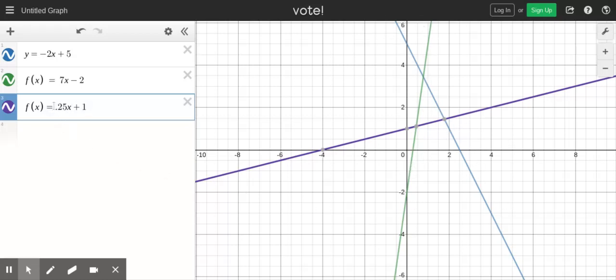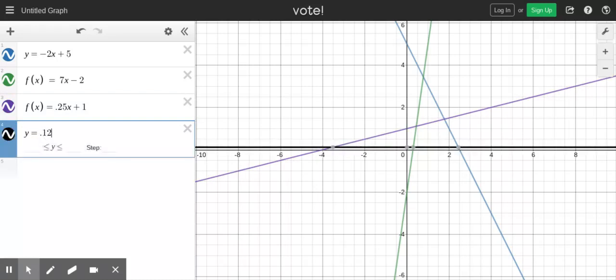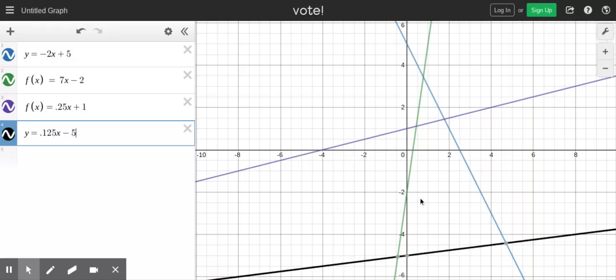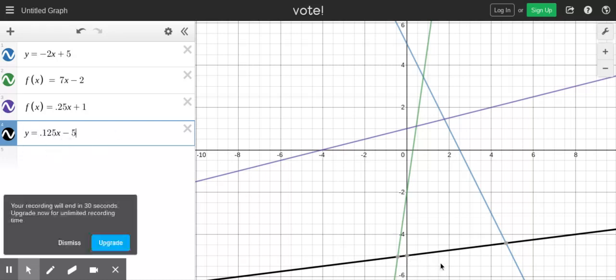When it's a smaller number, like the fraction 1/4, it's less steep. Let me do one more really quick. y equals 0.125x minus 5. Now, of course, this went through the y-axis at negative 5. This means 0.125 would be 1/8.